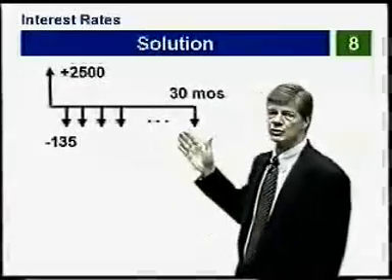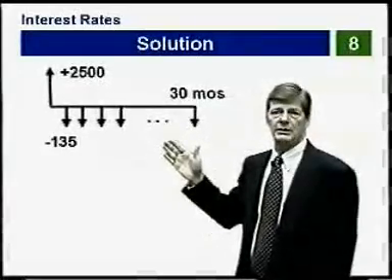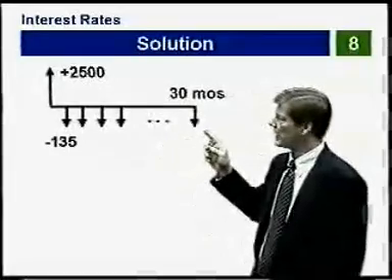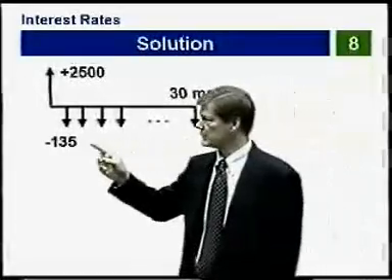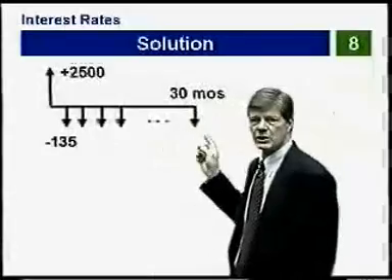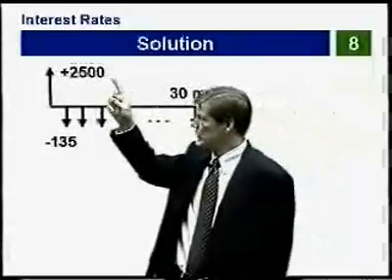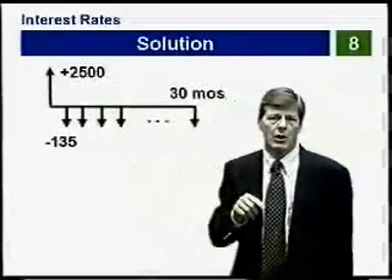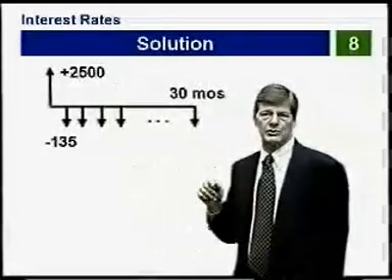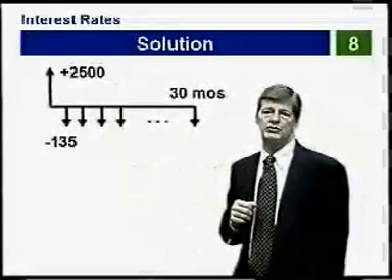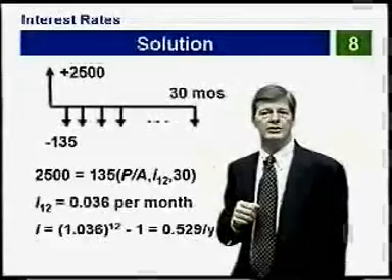There is an implied interest rate in this loan. All we have to do is find a present amount of these payments that's equivalent to $2,500 and solve for the unknown interest rate, and that will be the interest rate on the loan. In other words, we'd write the equation this way.